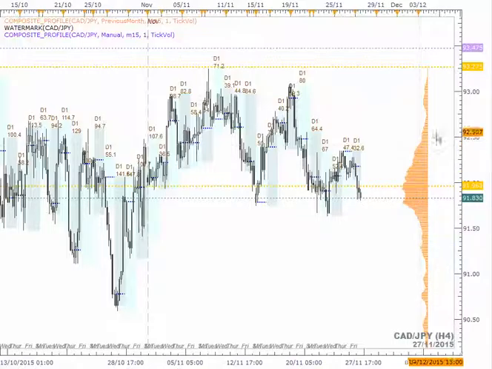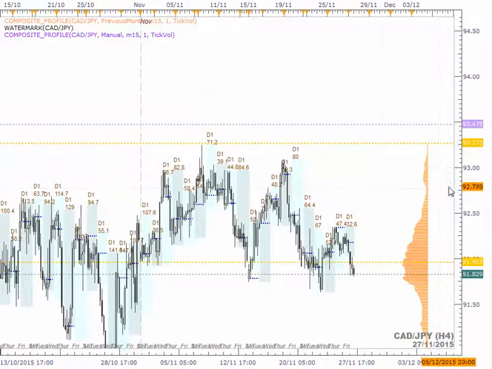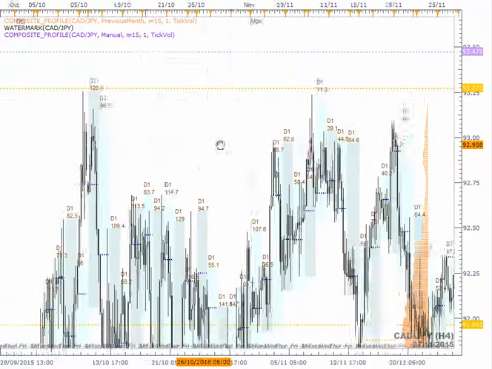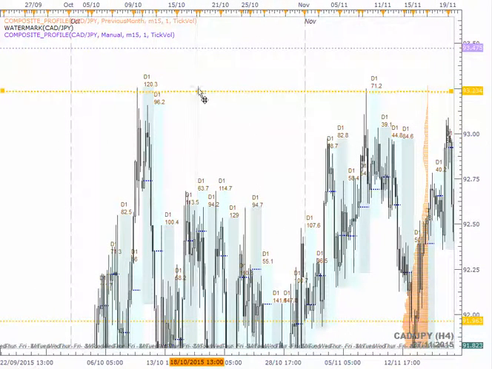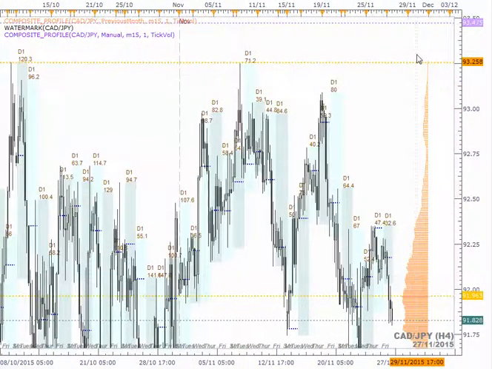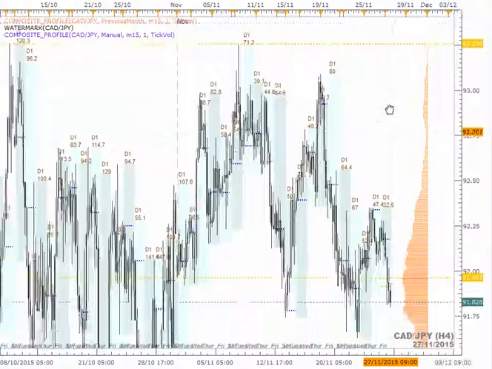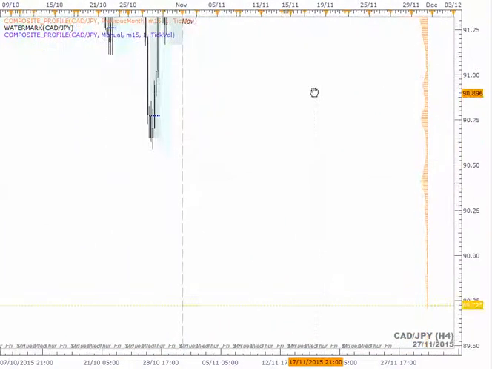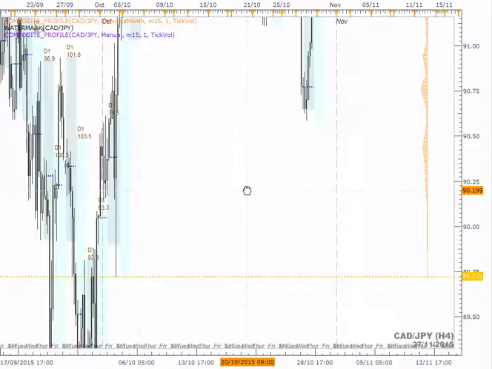So to begin, I'll look at the high for October was right there at 93.25, and you can see the volume profile is very thin there. And the low is right here at 89.72, and again the volume profile is very low there.